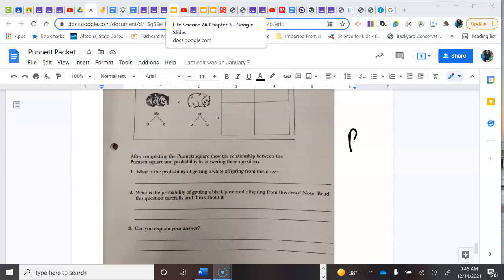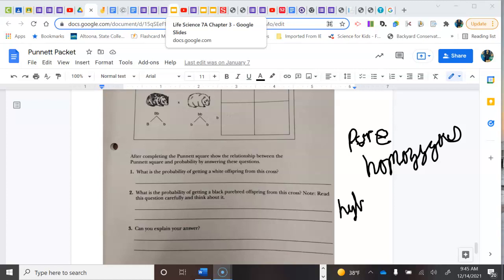So pure typically means homozygous. If you hear something called a hybrid, that typically means heterozygous.